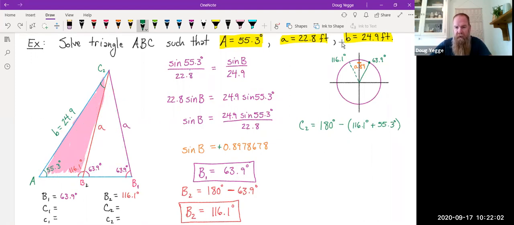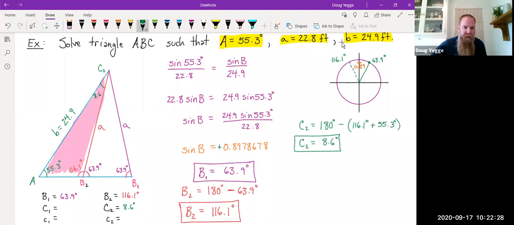And so in this case right here, we find that C2 is 8.6 degrees. Very thin angle, but sure enough, a second triangle nonetheless.